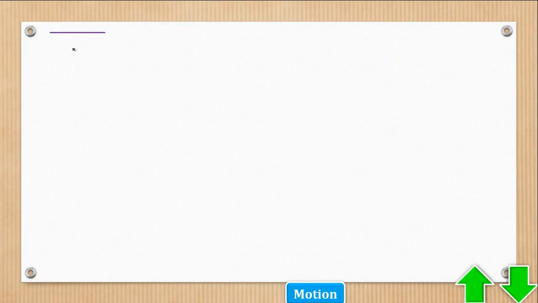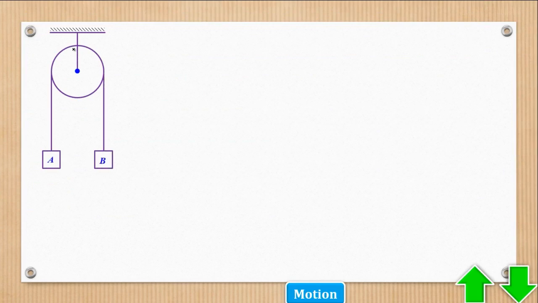We shall come and draw a pulley. So A and B are particles. Because they have mass, they will have weight. So weight is always there each time you see a mass. So we have mass A, there is weight. Mass B, there is weight.